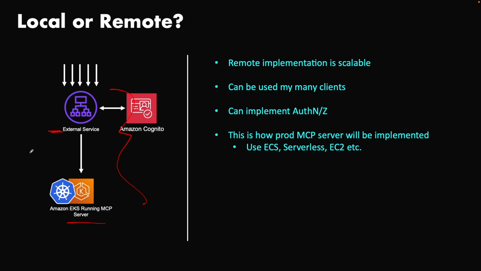Like I ran a container on EKS, you can run it on ECS. You can run this as a Lambda. You do have to do a little bit of extra instrumentation because Amazon API Gateway does not support streamable HTTP for REST API. You have to do a little bit of jerry-rigging, but you can use Lambda with a load balancer as well. In that case, that should work. You can run it with EC2, etc.